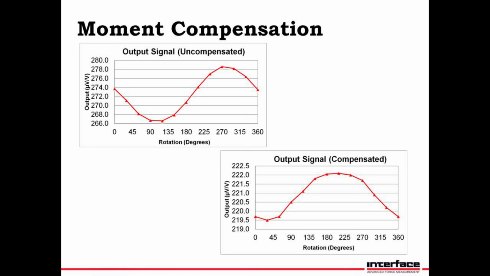As we can see in the case of the uncompensated load cell, the error induced into the output signal can be as high as 0.80% in this case. However, after moment compensation is performed, that error reduces down to 0.17%, allowing this sensor to meet our moment performance specification of 0.25%.